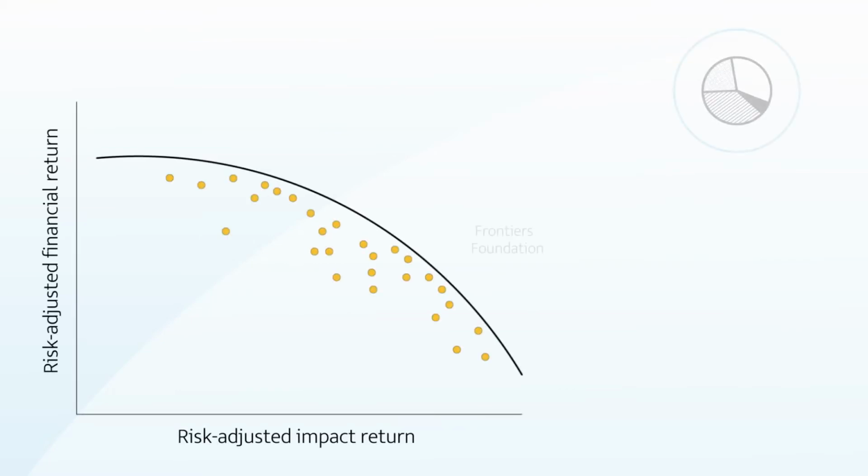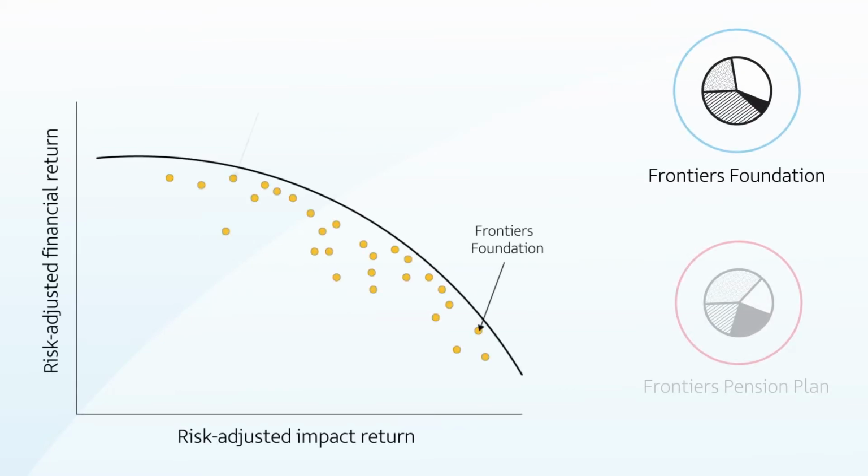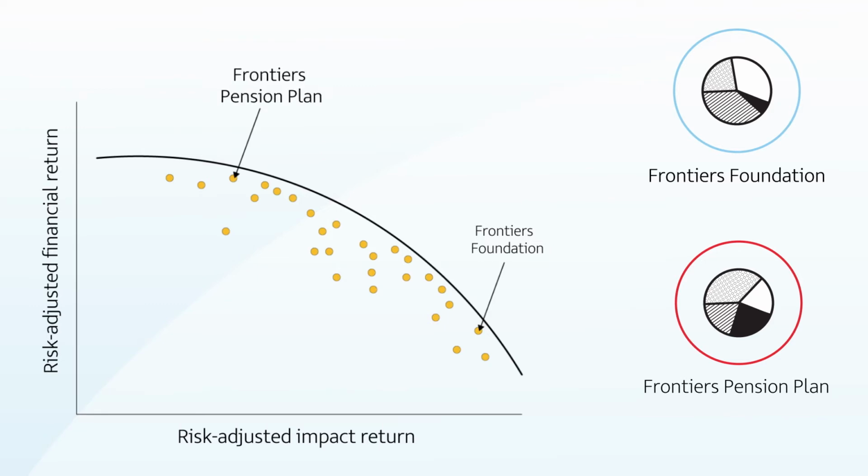As an example, we have two fictional entities, the Frontiers Foundation and the Frontiers Pension Plan. Both have looked at the same set of investment opportunities and made different choices that fit their goals and needs. Frontiers Pension Plan, as an investor with a fiduciary duty to its pension holders, constructed a portfolio that falls more to the financial side of the frontier, but still has more impact than it could have had.